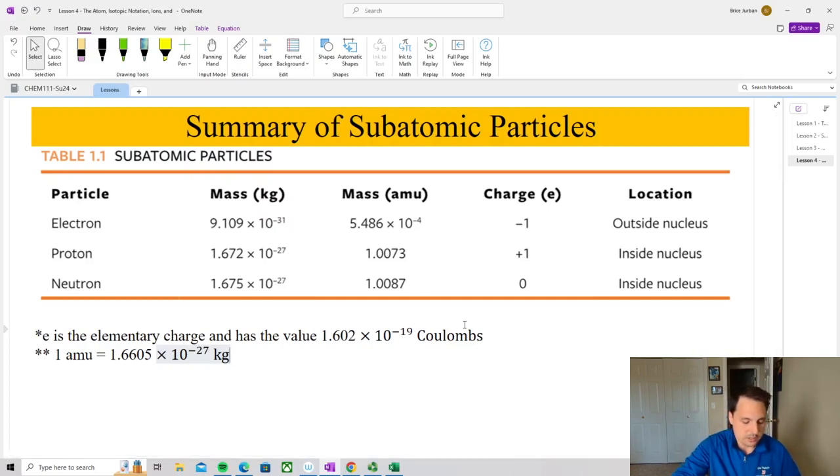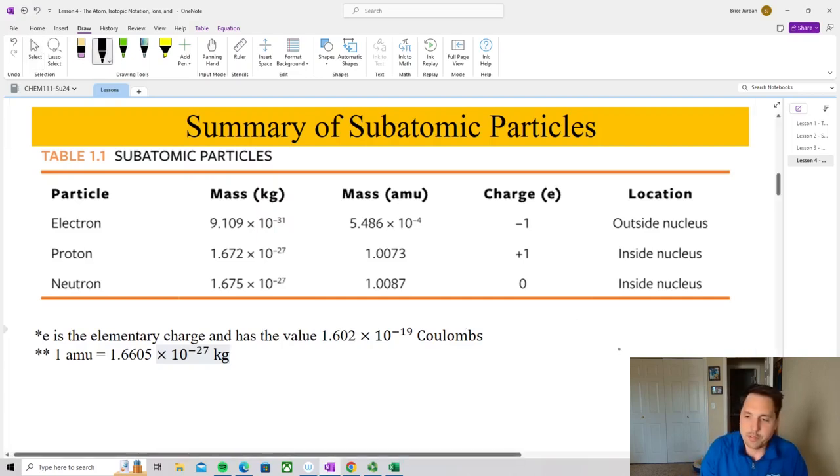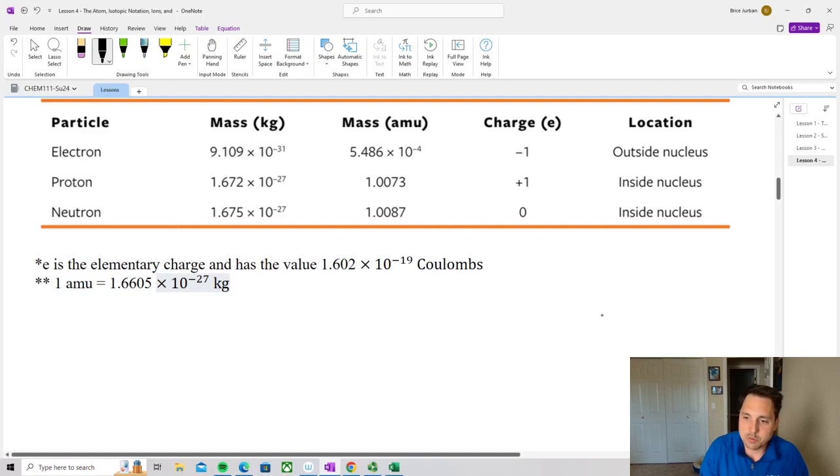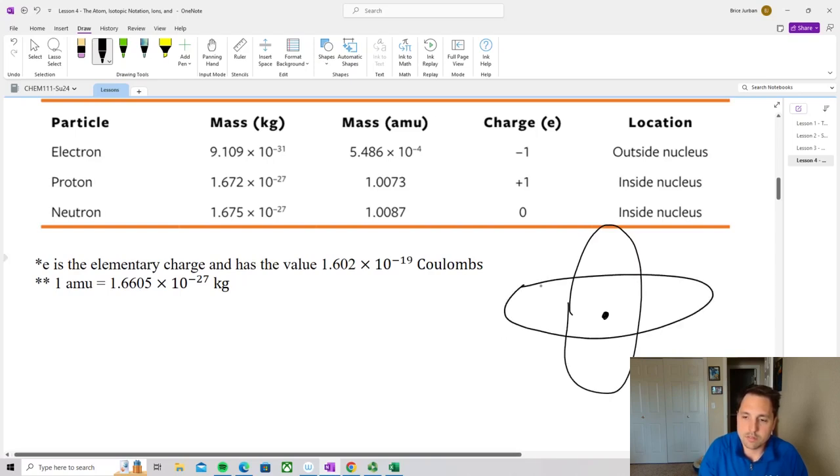All right, so let's draw ourselves a little picture here. A lot of times we'll see the diagram of the atom drawn like this. And we'll say, okay, we have our nucleus here, and inside the nucleus are the protons and the neutrons, and then on the outside are the electrons.